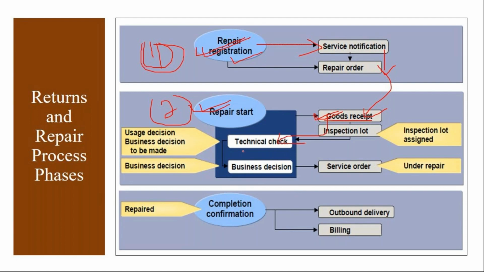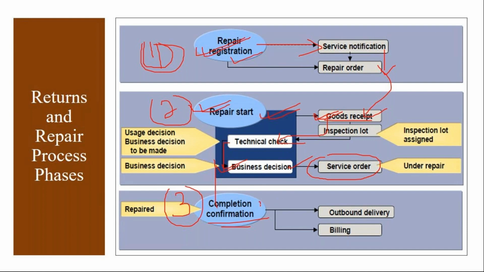Okay, and then based on the technical check, you will take a business decision whether to go for repair, or whether to scrap it, or whether to exchange that product with another part. You decide. Suppose let's say you decide that it has to be repaired, then you create a service order. So this is the repair start activity phase. Okay, then after that you repair it, then you do the completion of the repair, the completion confirmation.